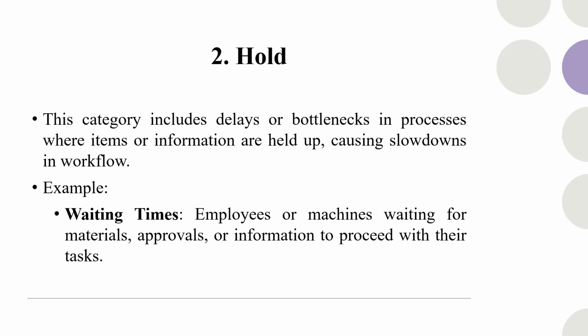Hold. This category includes delays or bottlenecks in processes where items or information are held up, causing slowdowns in workflow. Example: the waiting times. Employees or machines waiting for materials, approvals, or information to proceed with their own tasks.